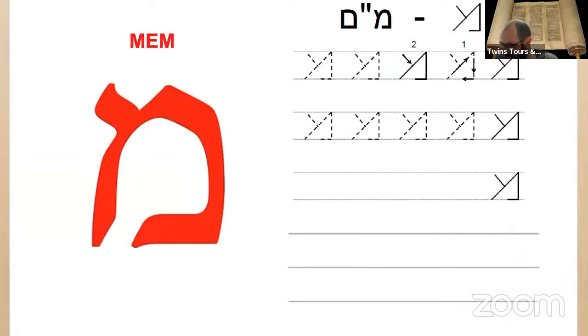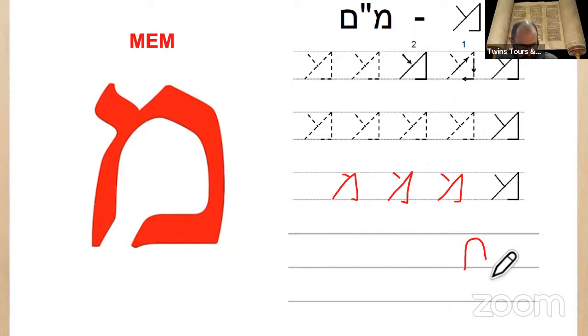Then we have mem that comes in two forms. Its first form is like this, in the beginning, center, or end of a word. You can start like this and make a straight line up and down. There are different ways you can write it. Mem. But there's also another way you can write it, which is round, like this.